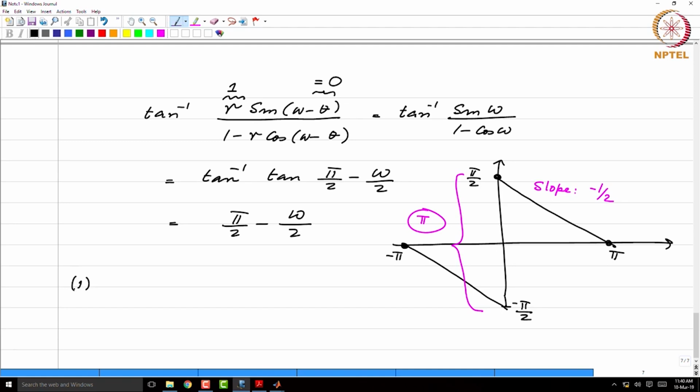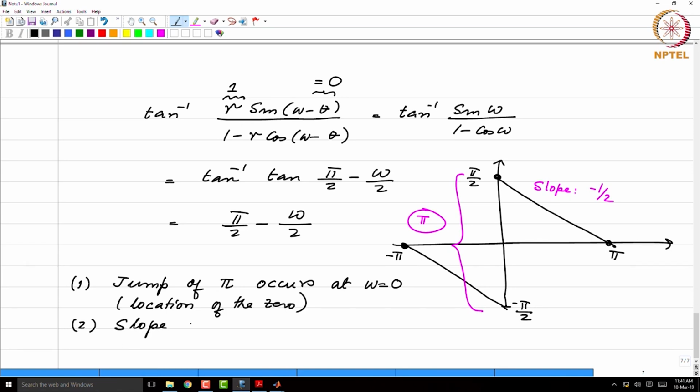Therefore, the points to be noted are: jump of pi occurs at omega equal to 0, and it happens at omega equal to 0 because that happens to be the location of the 0, and slope of the curve is minus half, and the shape is linear.